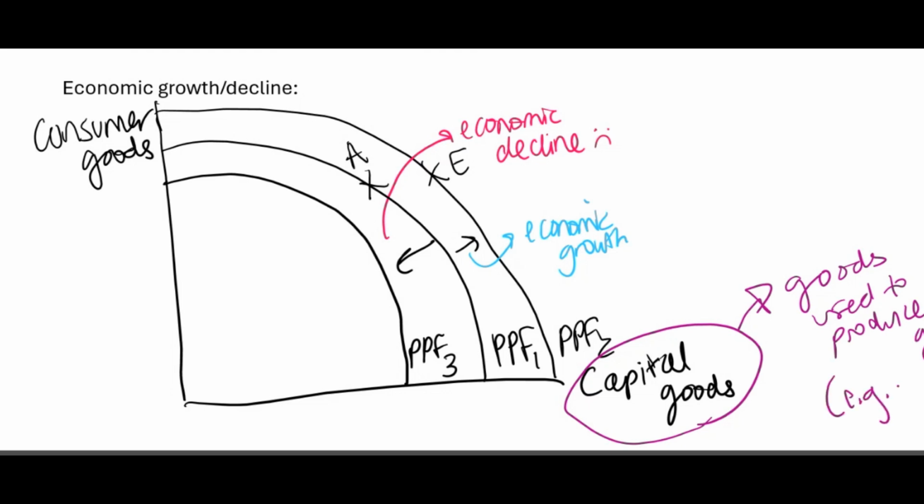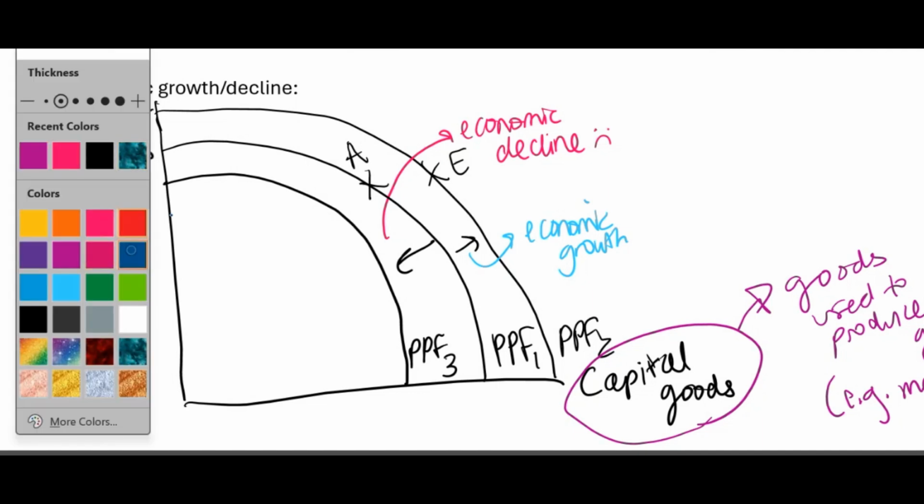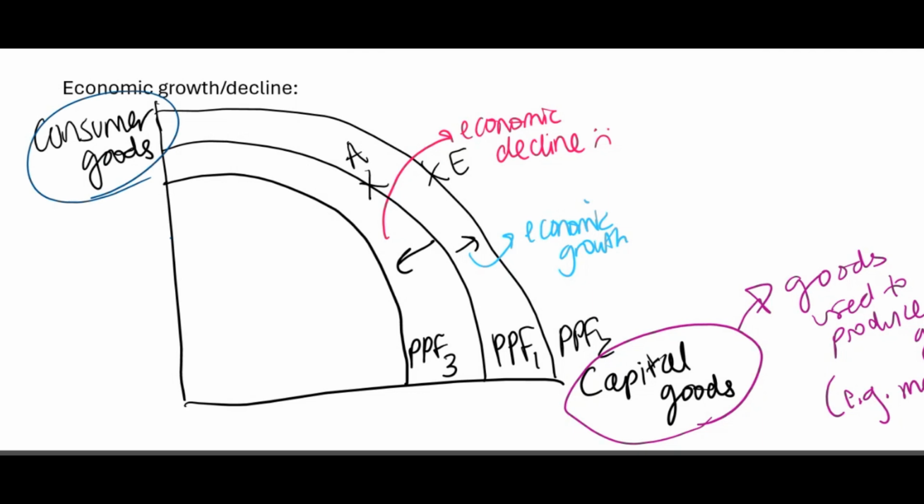For example, a machine. And consumer goods aren't the final good all the time, but most of the time they are. It's basically goods that can't be used to produce other goods.